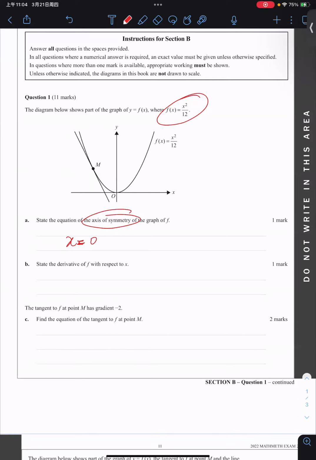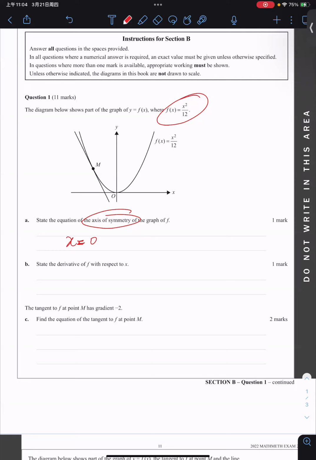And then, second part, state the derivative of f with respect to x. Now, the practice of derivative. If you forgot the method to find the corresponding derivative, the formula is at the back of the page. We have the formula sheet. All right, and this is a power function.